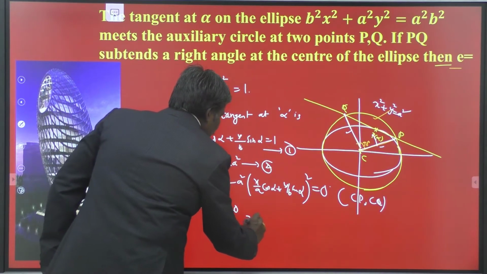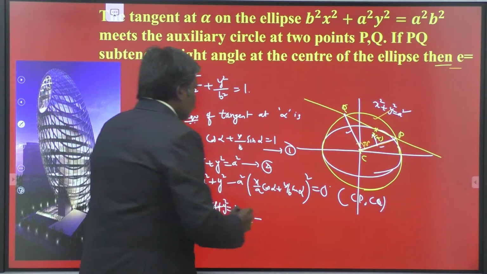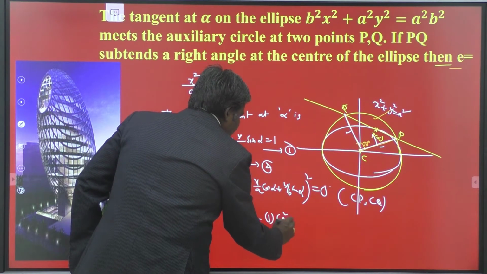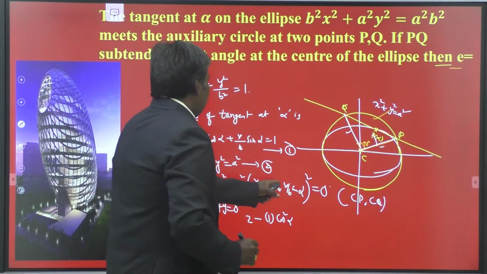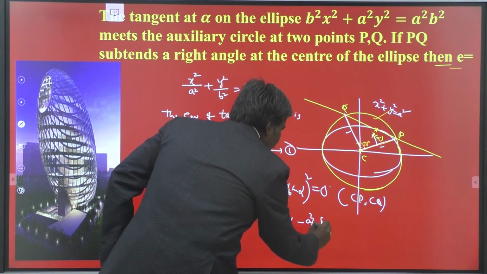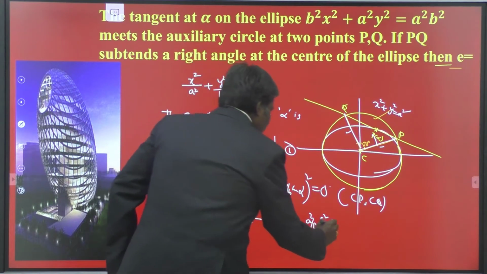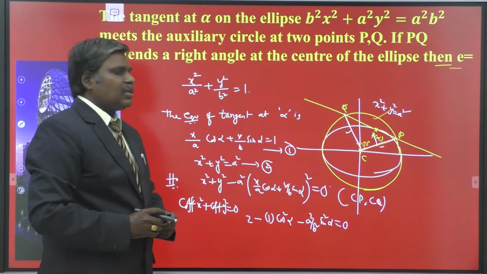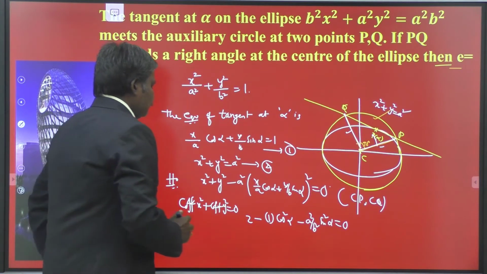So here, coefficient of x square plus coefficient of y square is equal to 0: 1 plus 1, that is 2, minus a square by a square times cos square alpha, that is 1 times cos square alpha. Again you have minus a square by b square sin square alpha, equal to 0.